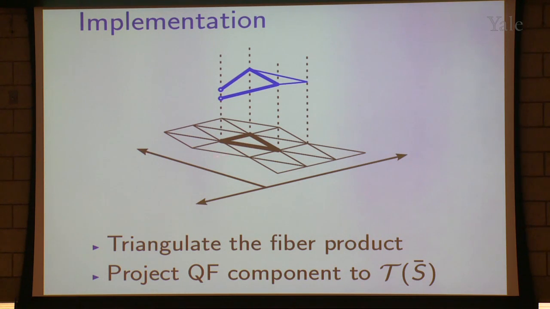We do something very simple, which is we look at the equilateral triangle tiling of the plane for some fixed small size of the triangle. So marching outward from the base point, we try to lift triangles one by one to triangles in this fiber product Fm, all the while paying attention to whether we've left the connected component that consists of quasi-Fuchsian groups and which contains the base point.